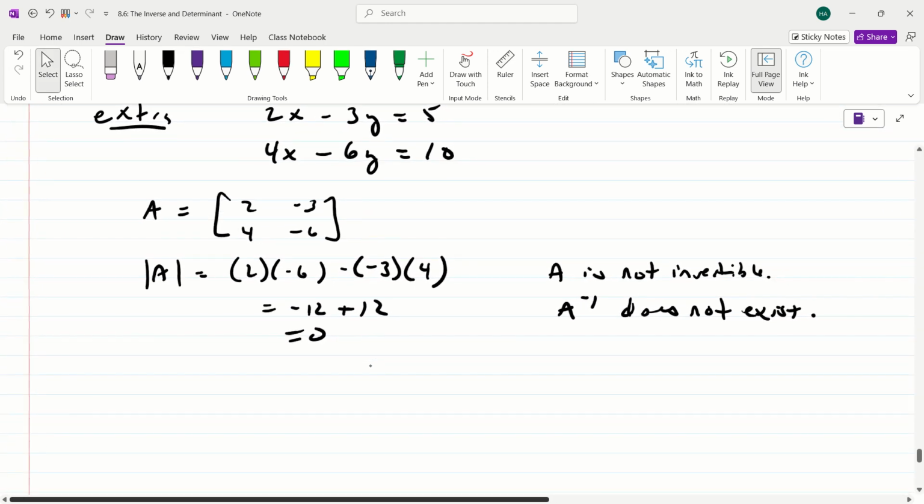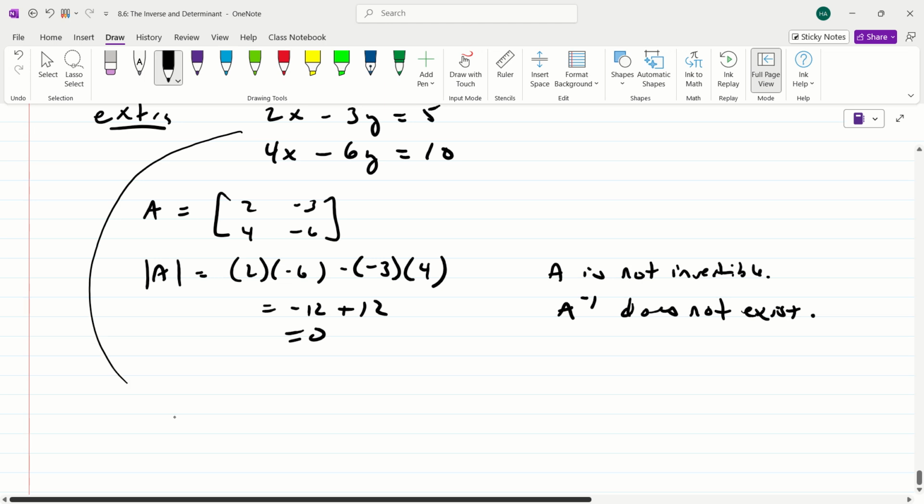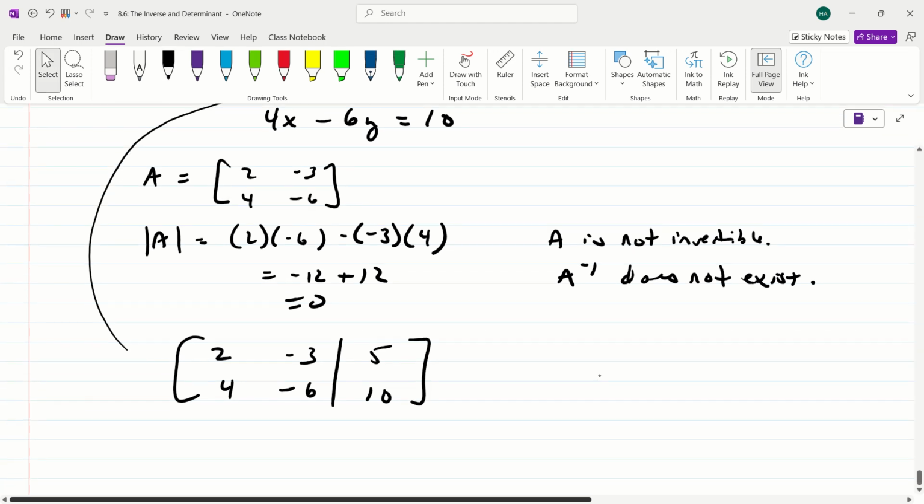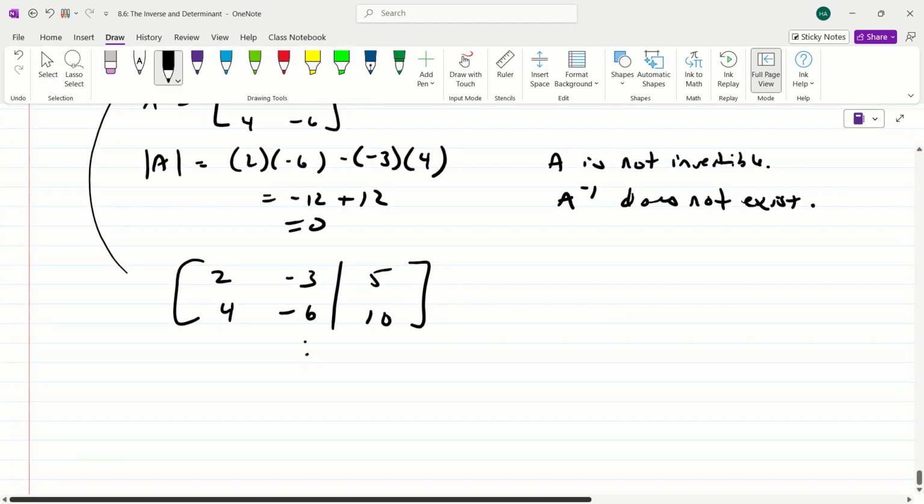But as before, we could take the system of equations and try to analyze it using our calculator or Desmos. When you plug this into your calculator and apply the RREF technique, you get 1, negative 3 halves, 5 halves, 0, 0, 0.